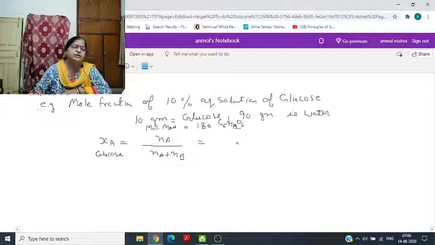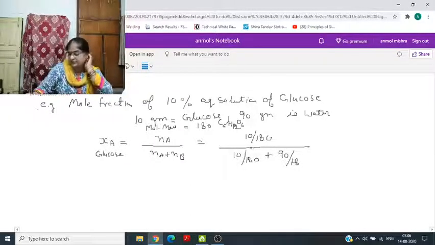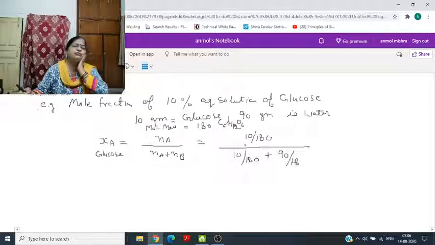So it is 10 by 180 divided by 10 by 180 plus 90 by 18. This will be the mole fraction of glucose. If we want to find the mole fraction of water, subtract from 1, you will get the answer.